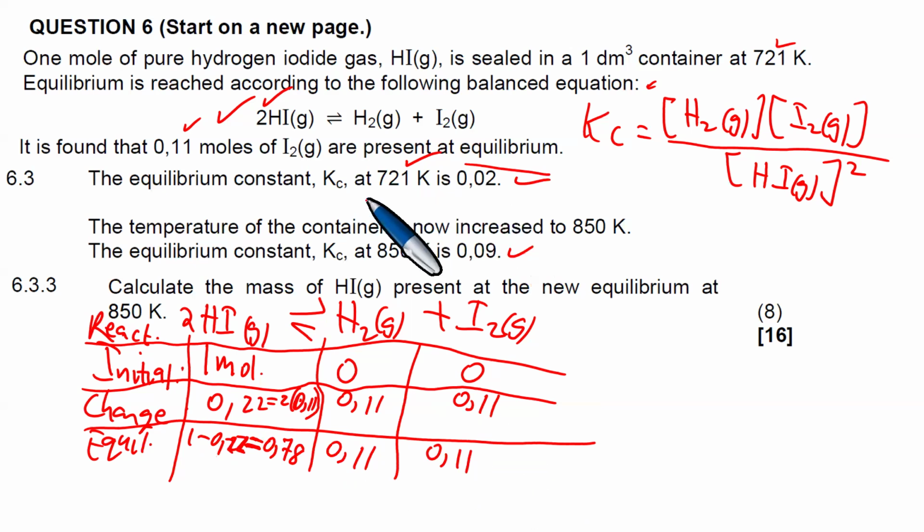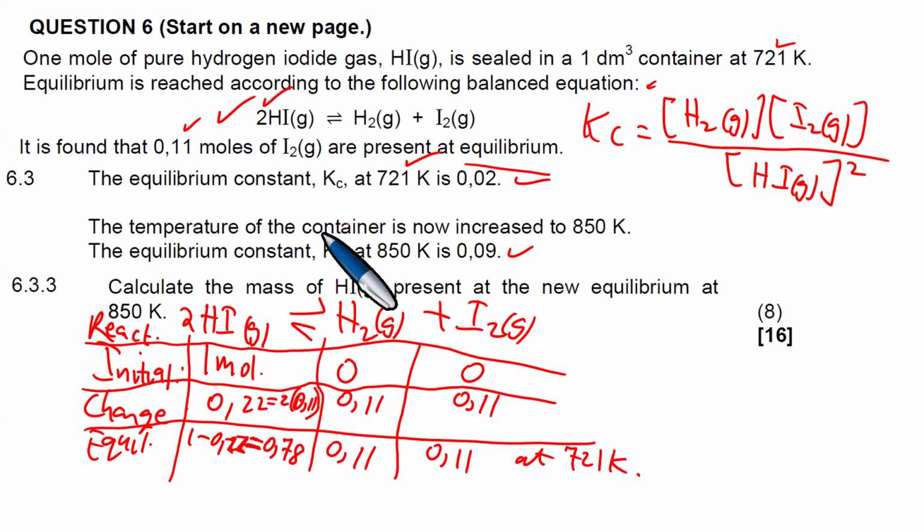This happens at what temperature? It's 721 Kelvin. Now there is another temperature, 850 Kelvin, let us analyze together. And obviously we're going to have a new Kc, and we need to record data for that part.